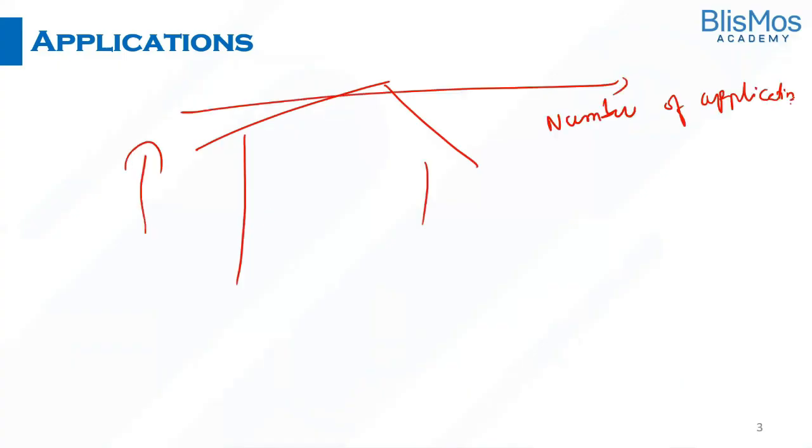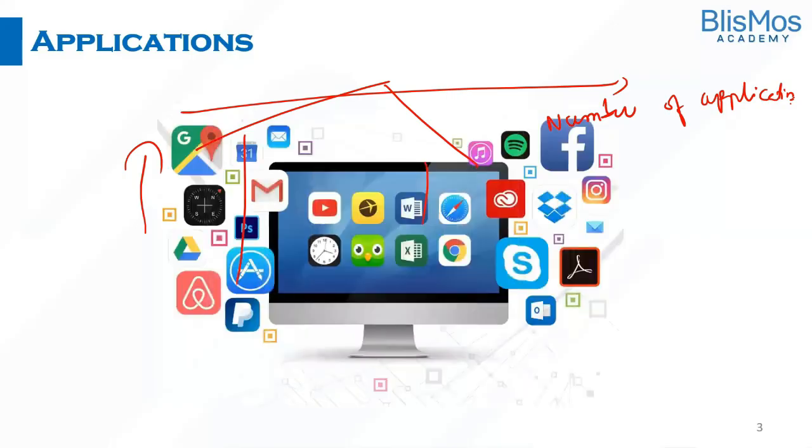Then if you peep into the applications, earlier we used to have a single or a few applications. But as time progressed, the number of applications in an organization started increasing. Also, one more very important thing that happened is the emergence of end user computing, powerful interfaces and tools.